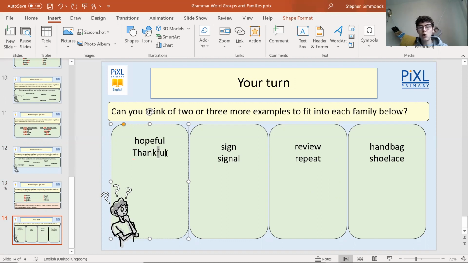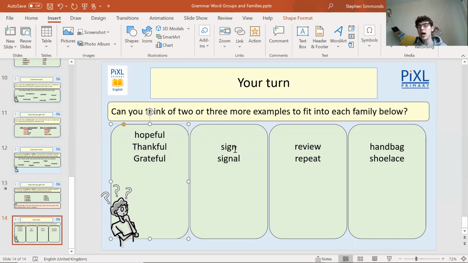We can see that we've got our suffix full on the end there, and we've already got thankful. So I suppose I could put the word grateful down below because it's using that suffix full on the end. That might be an example of one word.